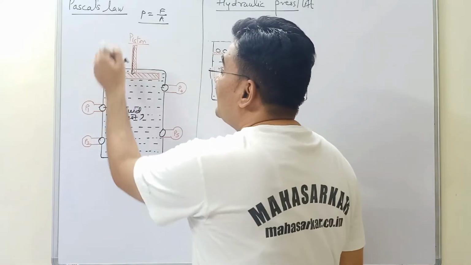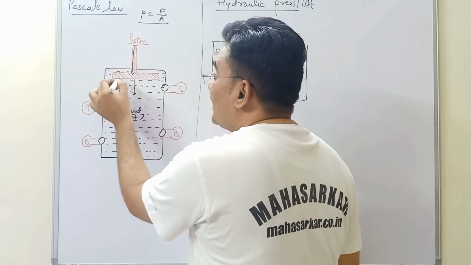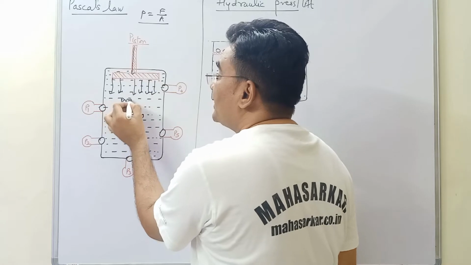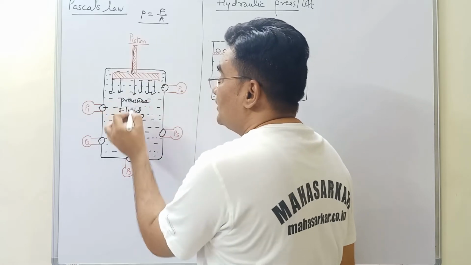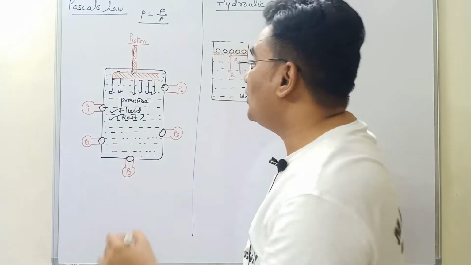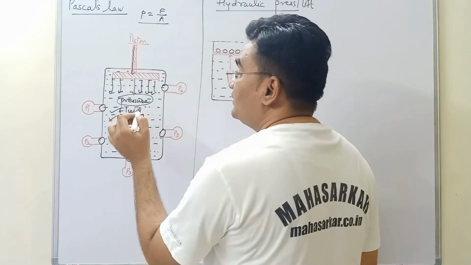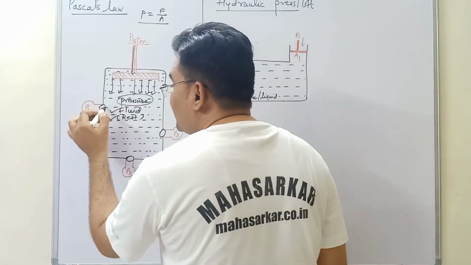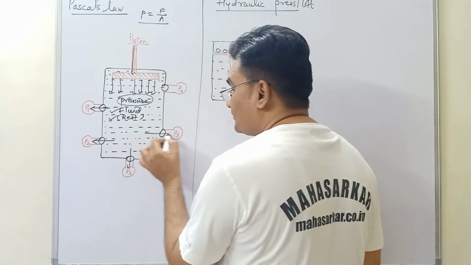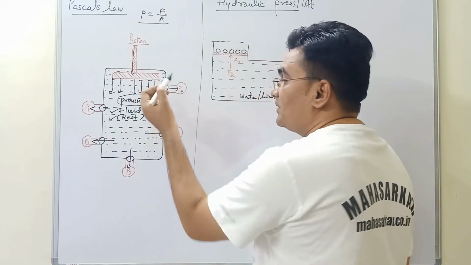Now what I have done is I applied force using this piston, so that this force acts on the area of the piston, so it exerts pressure. This pressure acts on the fluid which was at rest. Now according to Pascal, that pressure has to be transmitted to the different parts of the wall of that container, like P1, P2, P3, P4, P5.